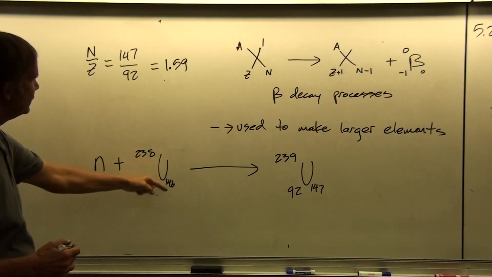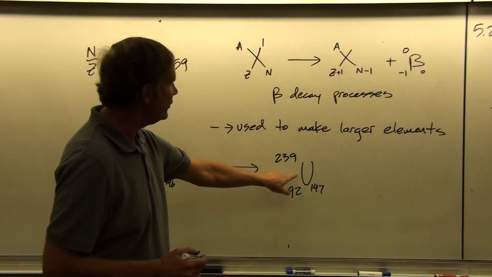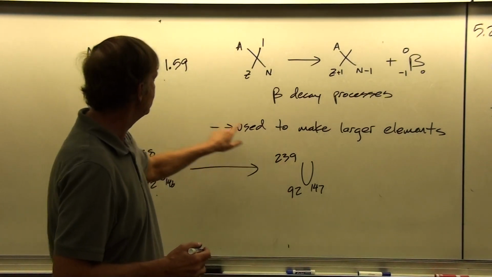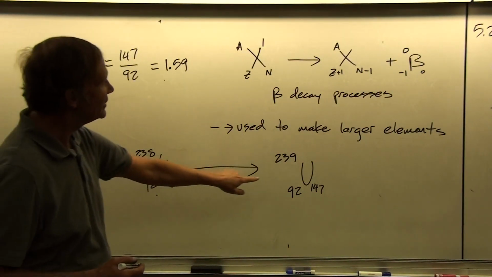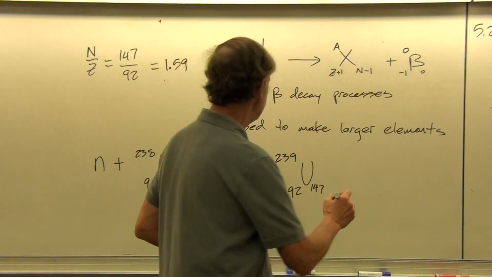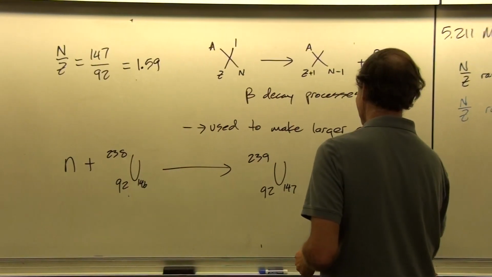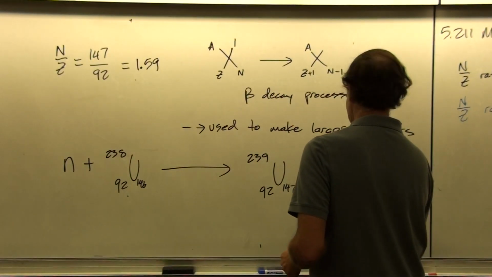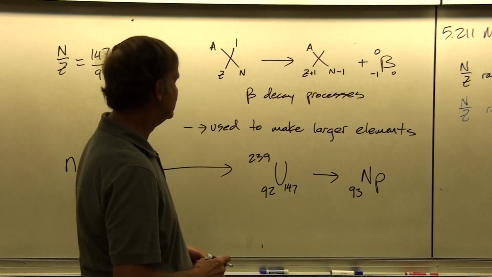You bombard U-238 with neutrons, and then that creates an isotope of uranium, which is even more unstable than the regular uranium. And so in a matter of just a minute or two, this will tend to decay down into Neptunian. Now we say decay down, it's actually going to a higher value for the Z number.